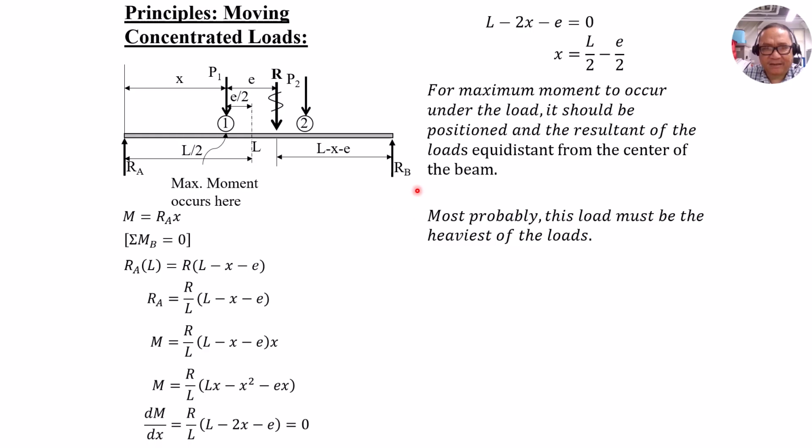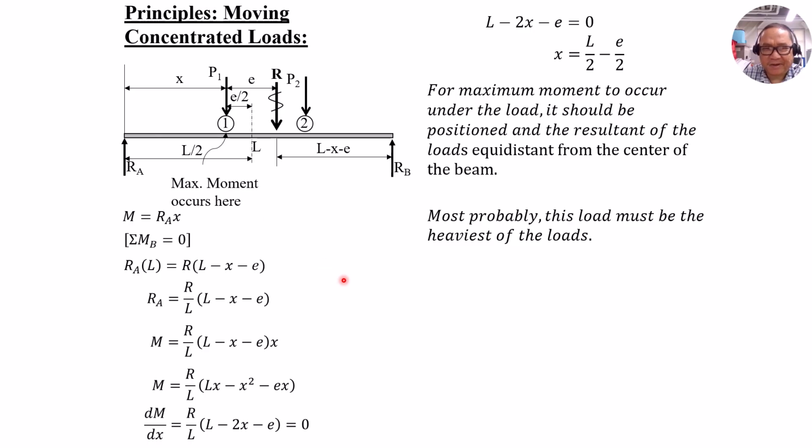Or the other possibility, by experience, is when the heaviest load and the resultant of the loads are very near the center line. That's the idea, that the absolute maximum moment occurs under that heaviest load when it is very close to the center.